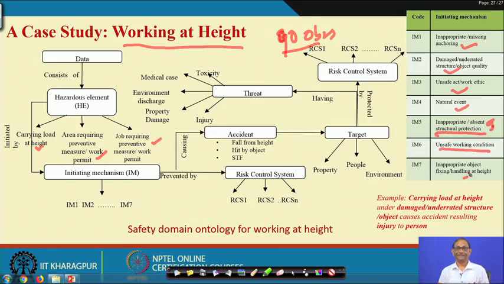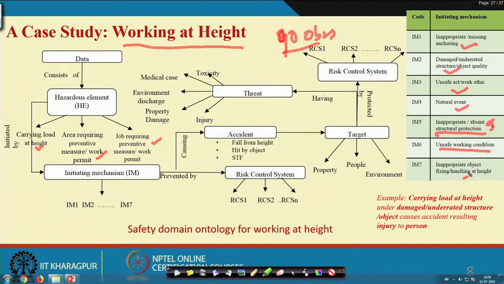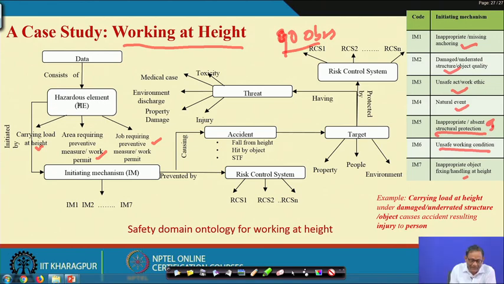This is just case specific, for a particular plant for a particular period of time, with certain inspection this data was generated. From a safety engineering point of view, you are getting a path: hazardous element, initiating mechanism, like this.